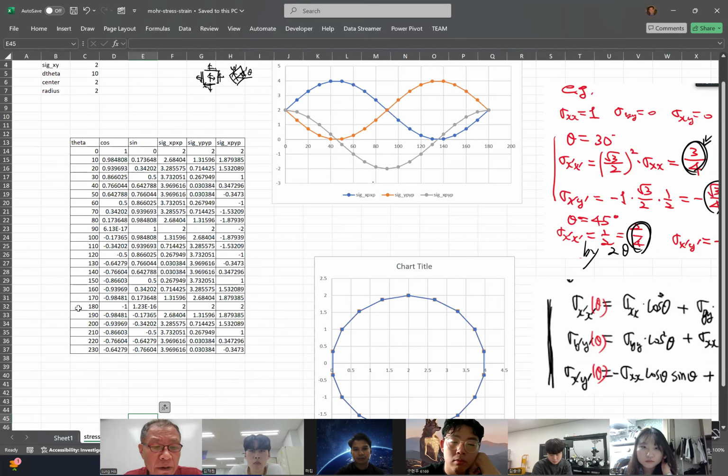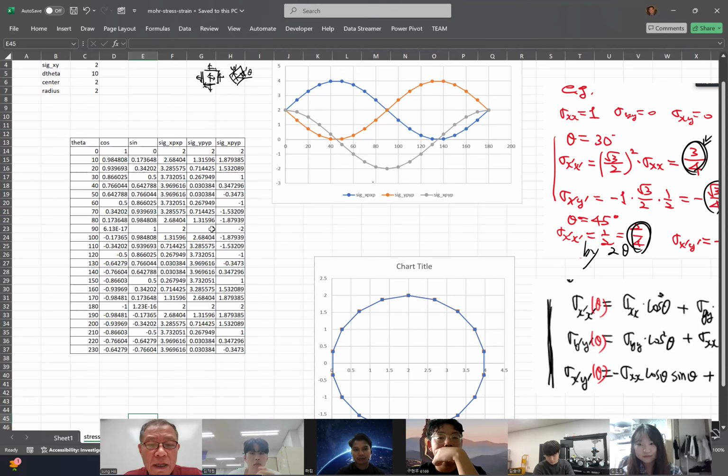I highly recommend you to develop your own Excel. The Excel tool itself is so essential for a student like a mechanical engineer. Anyhow, Excel is our favorite tool.